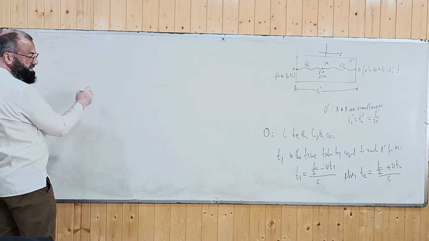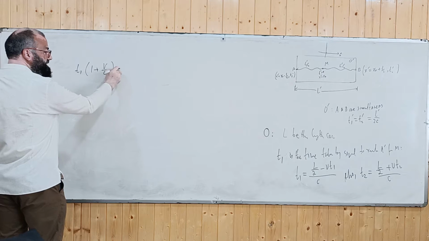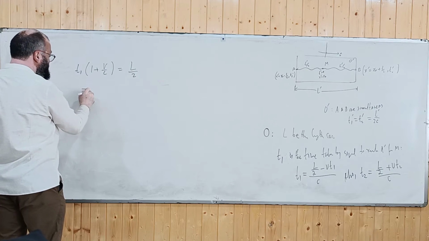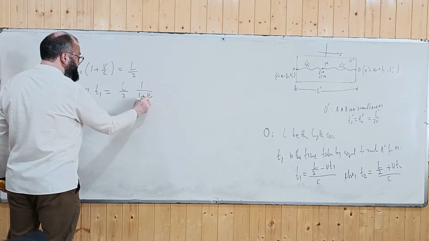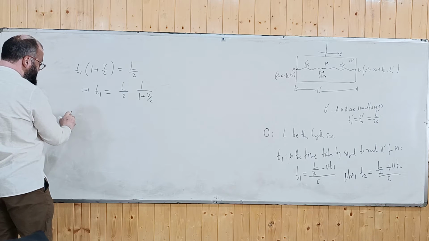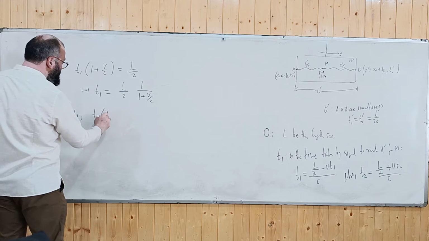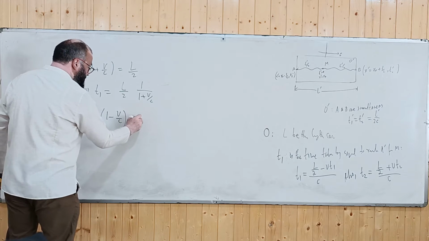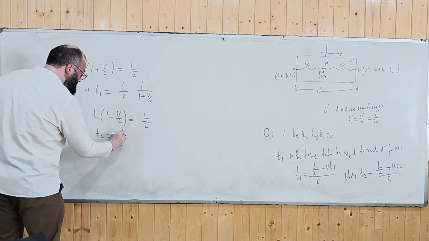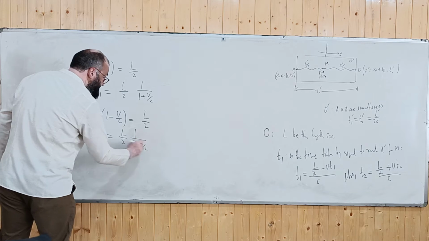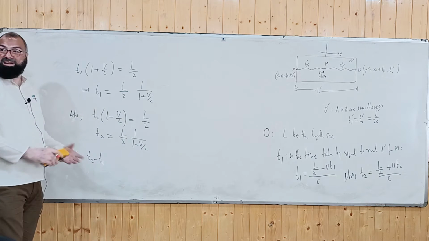So we can write T1 into 1 plus V by C equals L by 2. So T1 is equal to L by 2, times 1 divided by 1 plus V by C. Similarly, I can get T2 by taking the other term on this side, so T2 is L by 2 times 1 divided by 1 minus V by C. Therefore I need to calculate the time difference.